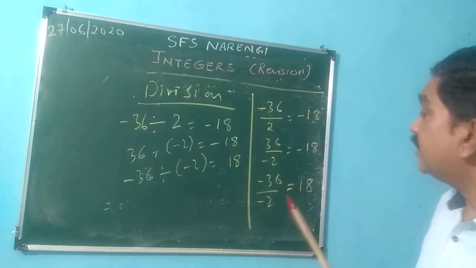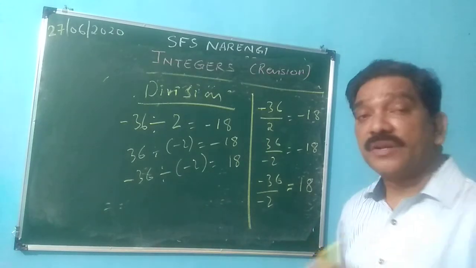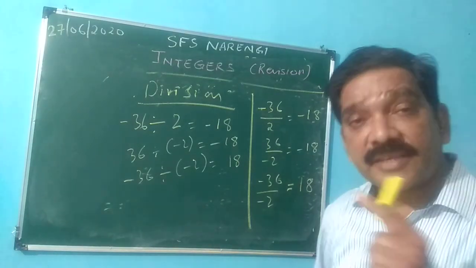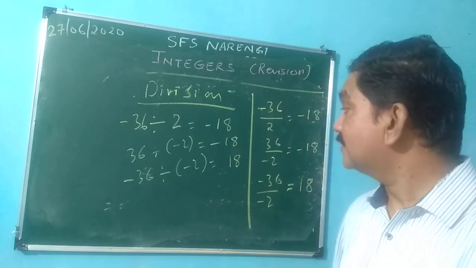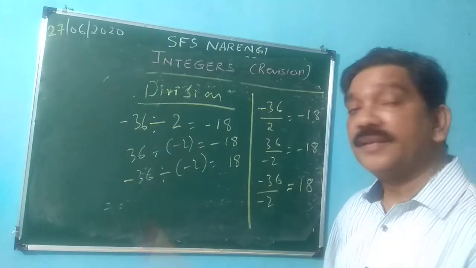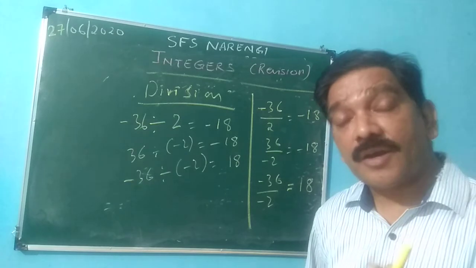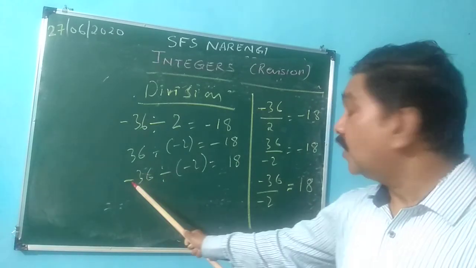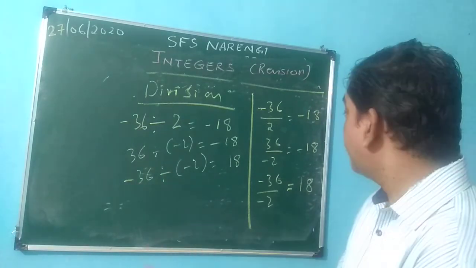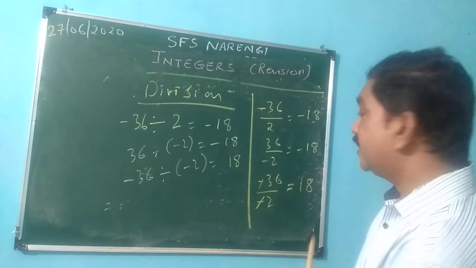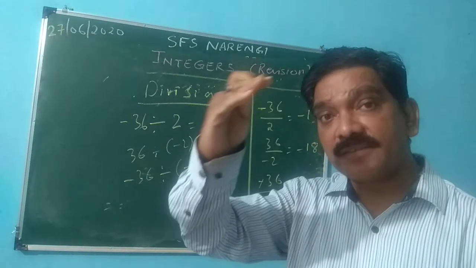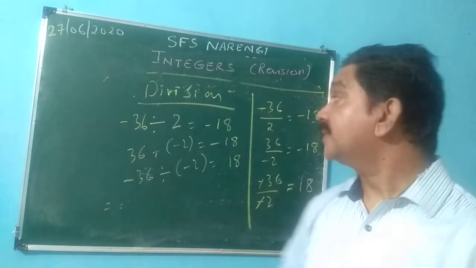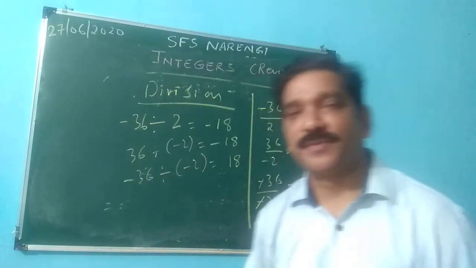Clear? So what do we understand? We understand that if one of the numbers in case of division is negative, answer will come in negative. Alright, if both are negative, answer is always in positive. Both negative, because this minus minus gets cancelled and you get a positive number. Minus minus means positive, and minus plus or plus minus is negative. Remember in this way.